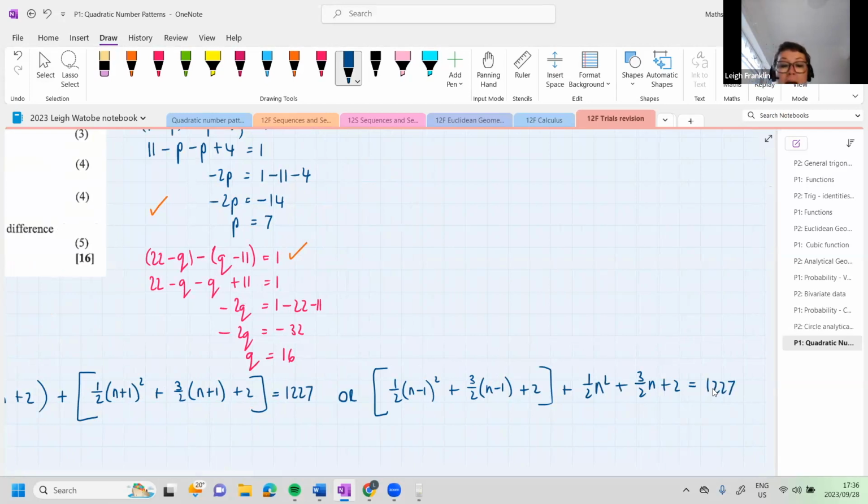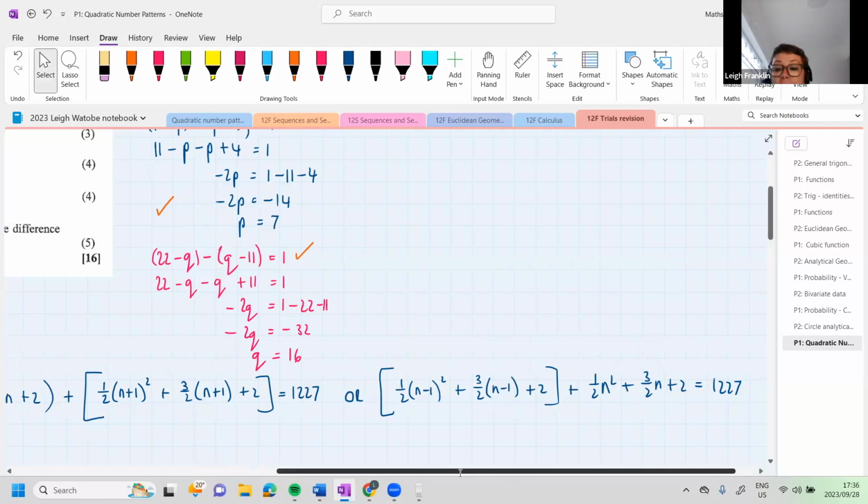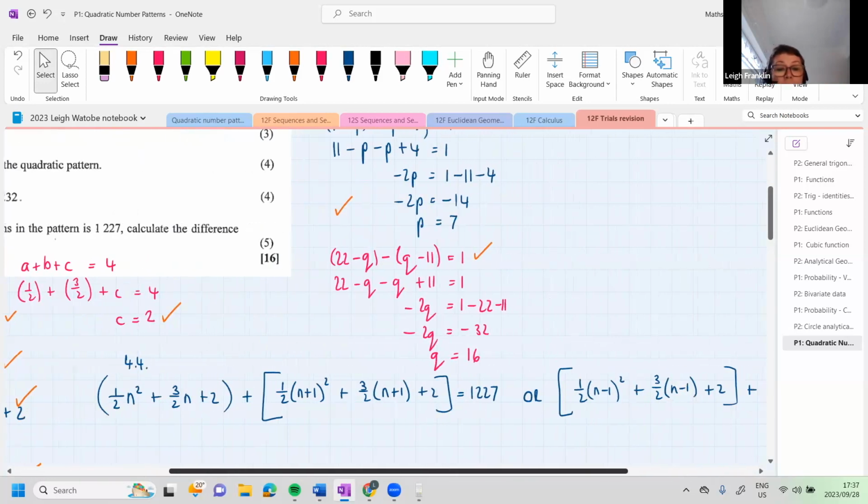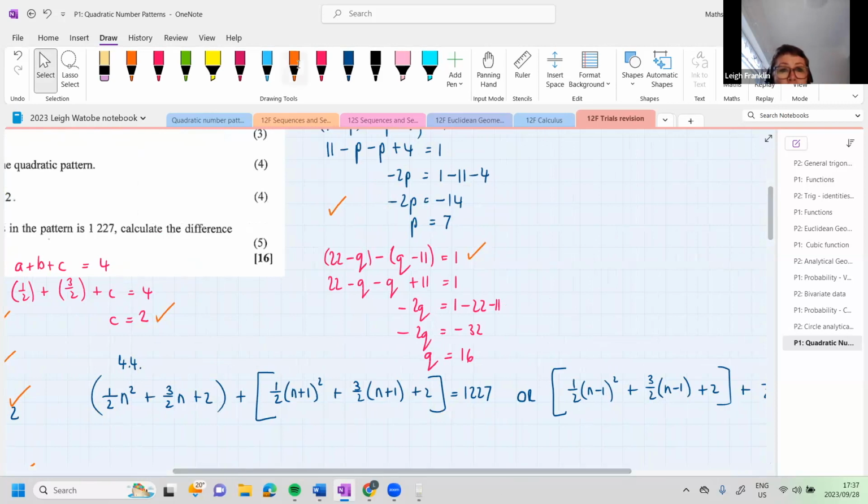The idea is to be able to describe a term in the pattern and the next consecutive term using n's. Does that make sense now? Is that a bit better? You good now? Okay.